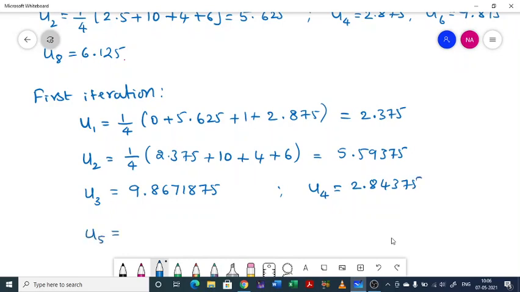u5 will be getting 6.109375. u6 will be getting 9.8691406.